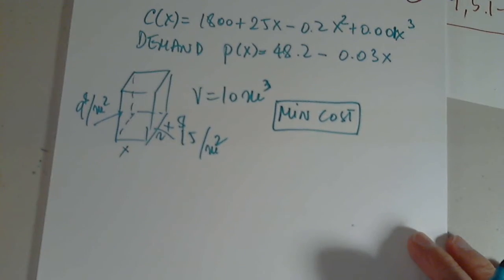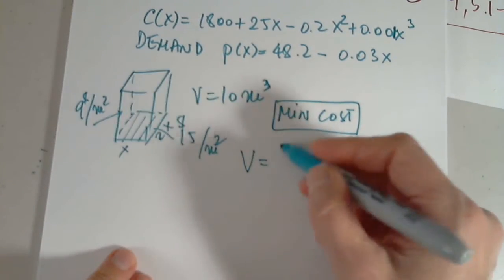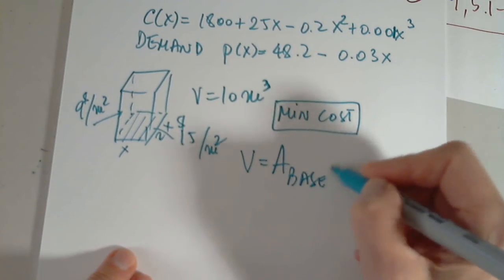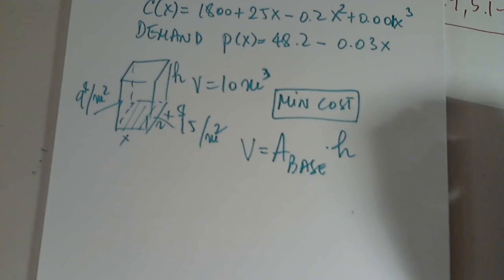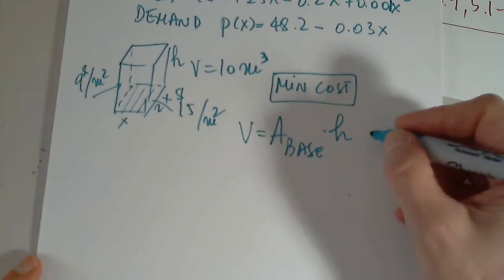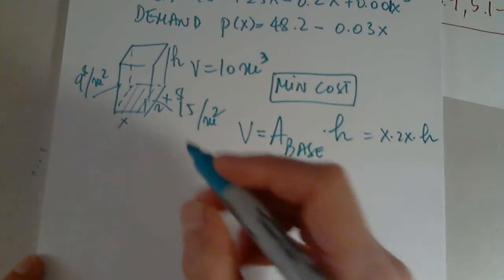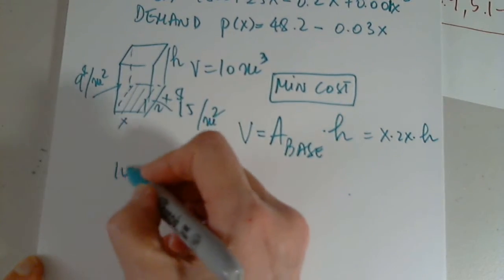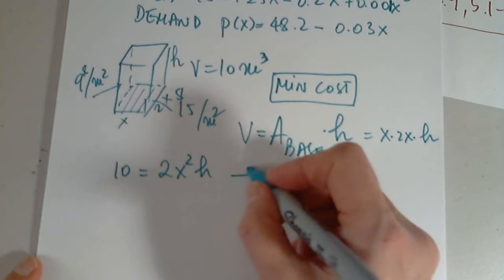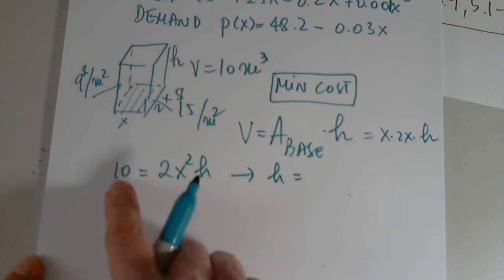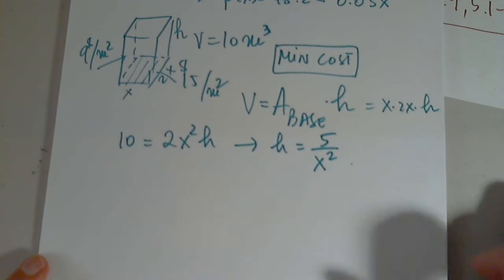Okay, so first of all, the volume of a box is area of the base multiplied by the height, which I did not denote yet. I didn't label. So this must be x times 2x and times h. So 10 equals 2x squared h. And from here, h will be 10 divided by 2x squared, or 5 divided by x squared.